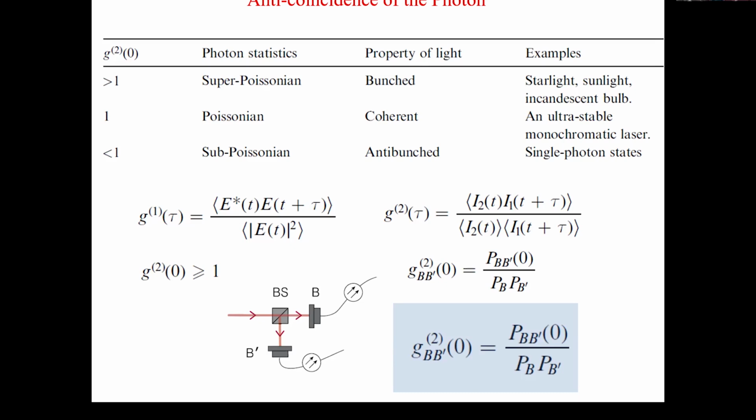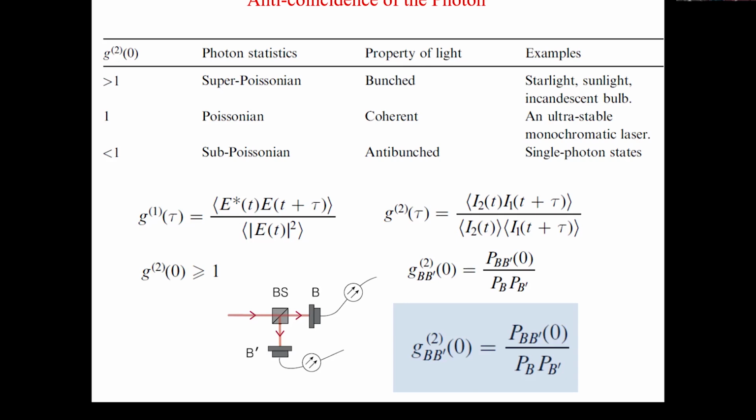This is the counterintuitive result that I want you to see: if you just look at one beam, one arm, you do not have single photons. You have light that is bunched. It's classical light, weakly attenuated classical light.